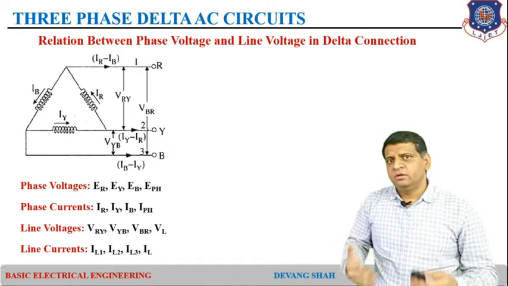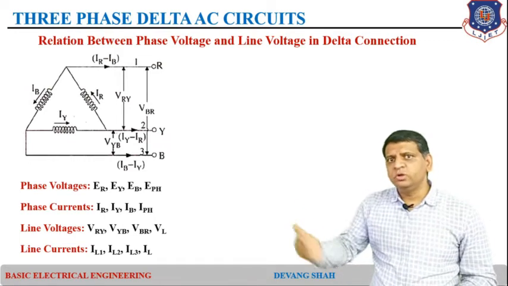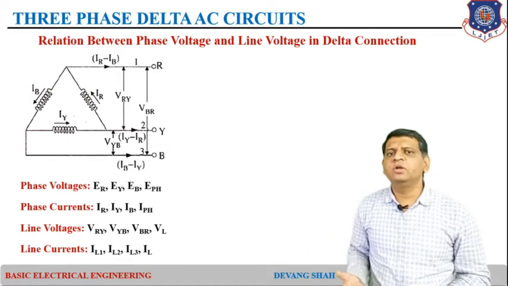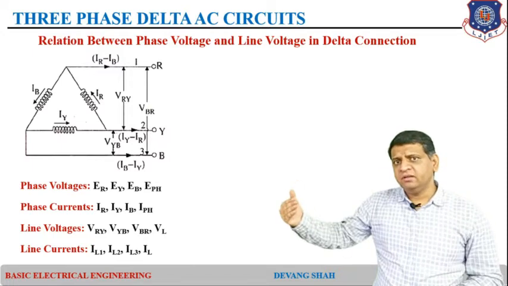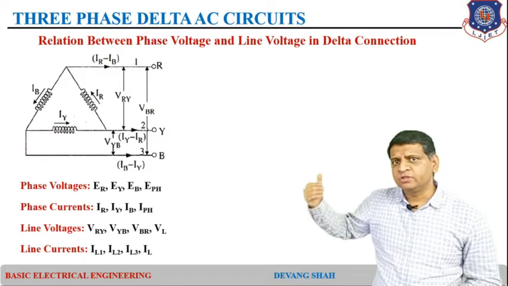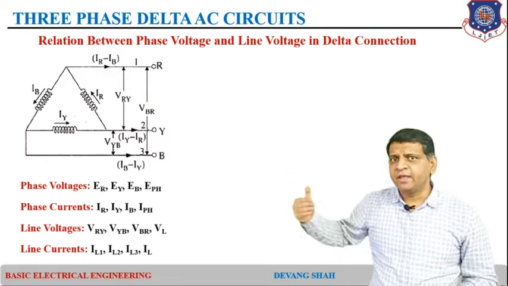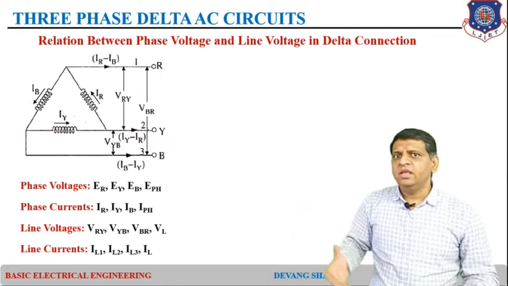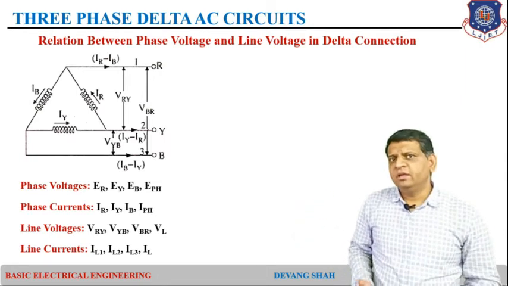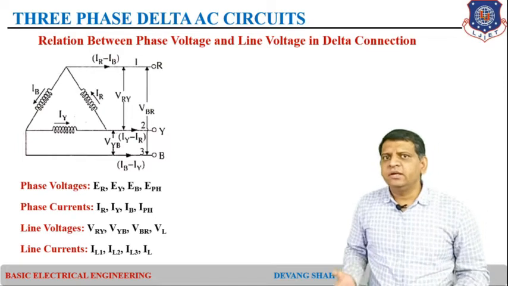So, here the line voltage we define as the voltage between two lines, or the voltage difference between two lines, VRY. This is nothing but the voltage difference between phase R and phase Y. So, here we define VRY, VYB, VBR, and in general it is VL. Same way, the line currents are IL1, IL2, IL3 and in general it is IL, right.